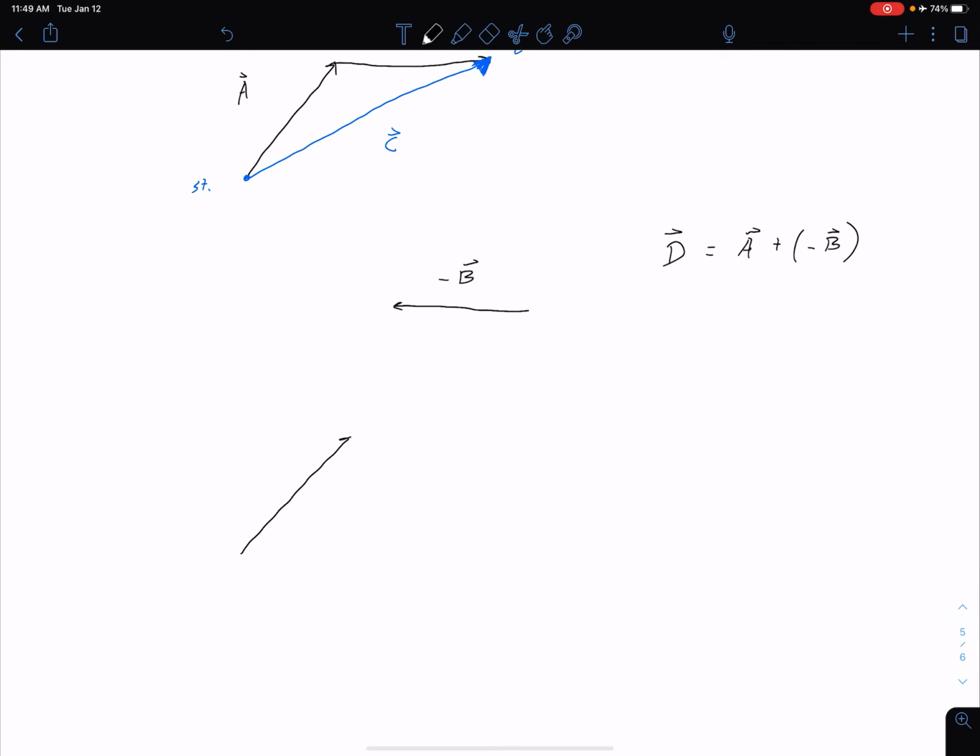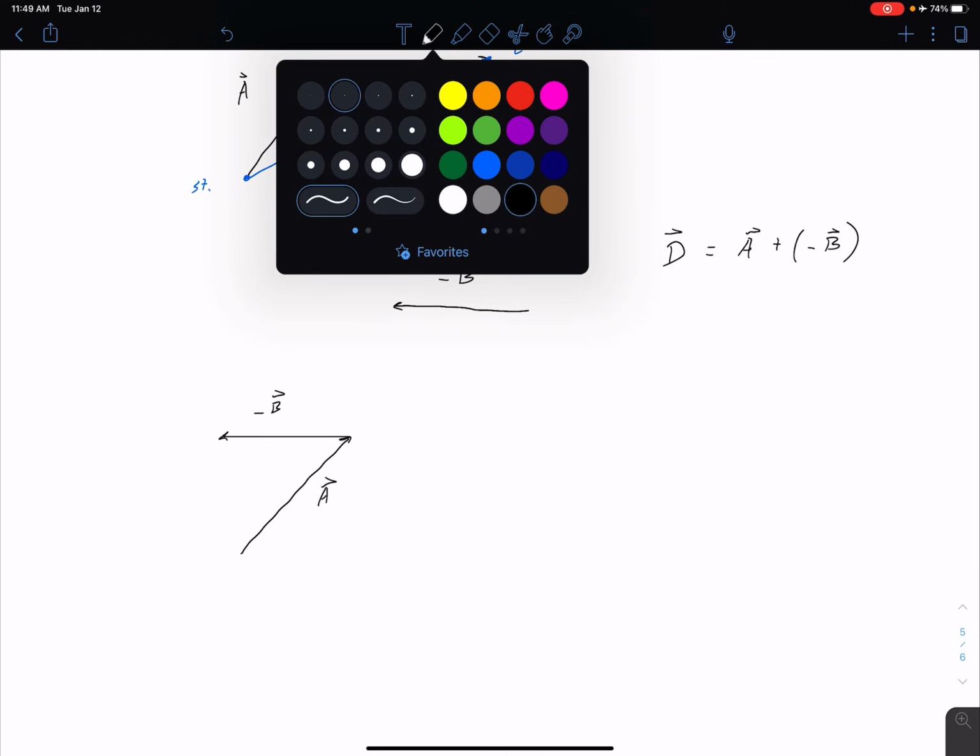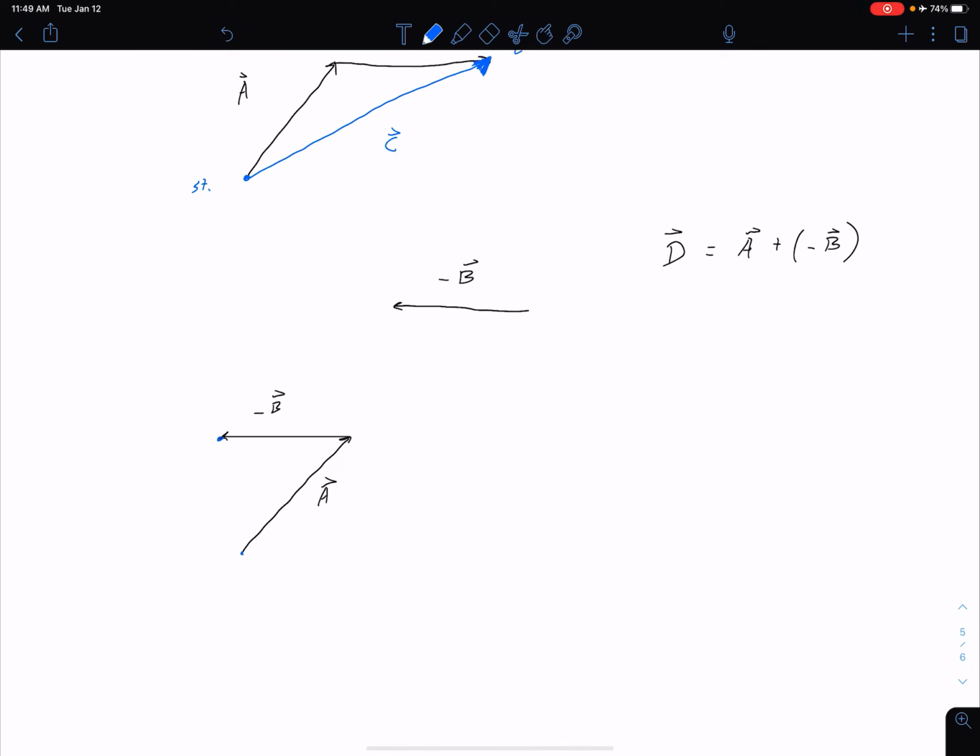So we have a, and then our plus negative b, we have something like this. And then we do the same rule of going from our start point to our end point. So in this case, we would see our vector d looks something like this. So that's how we could look at this graphically.